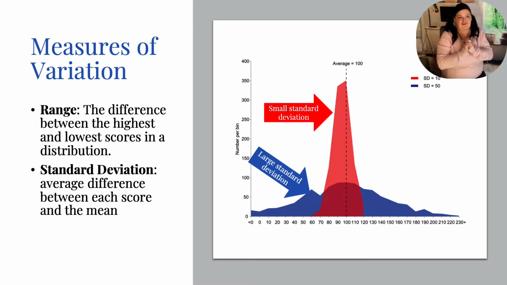You could say the standard deviation is around 10, whereas in the blue graph, you see it's flat and much wider, and therefore has a much wider standard deviation of 50 because there's a wider range of scores. So the smaller the number, the tighter the scores; the larger the number, the more spread apart, the wider the range of scores.